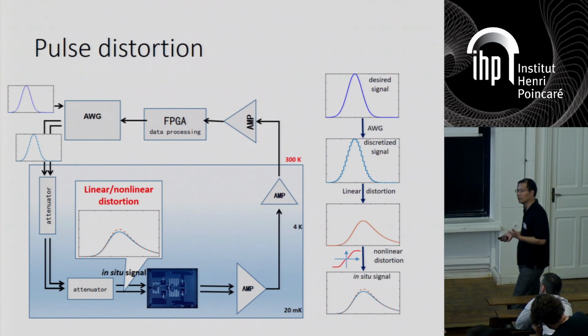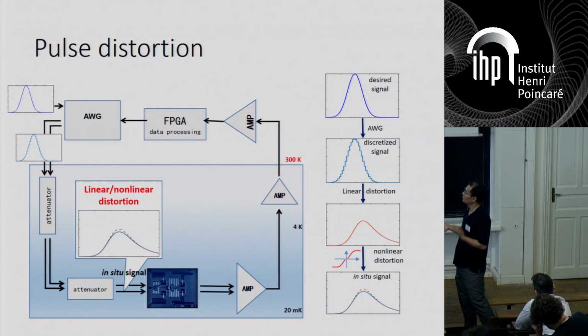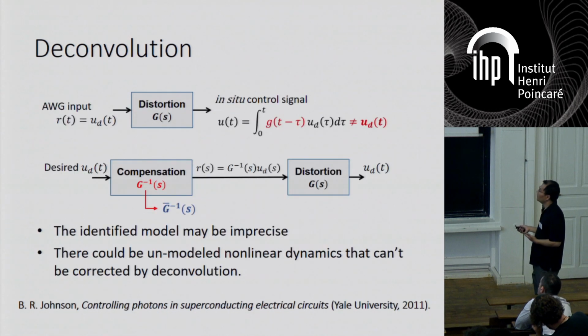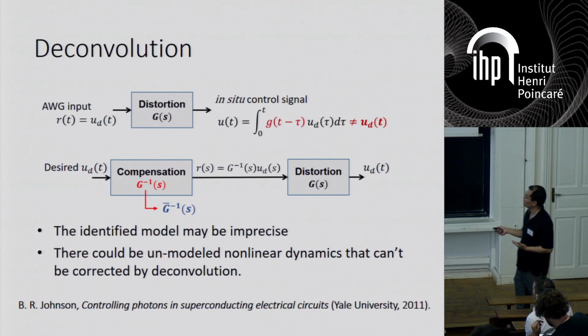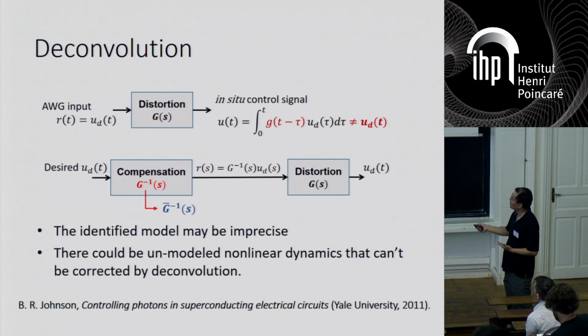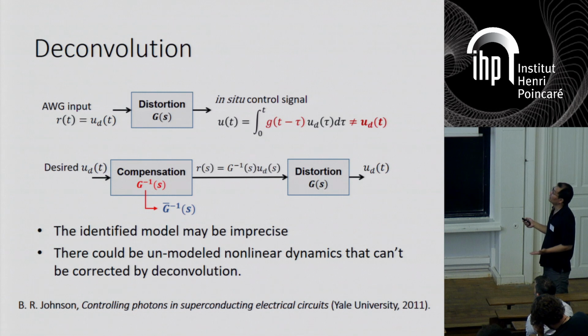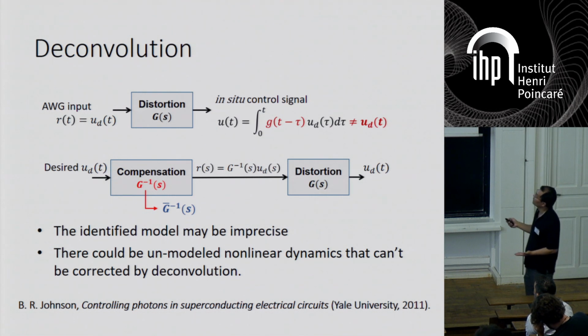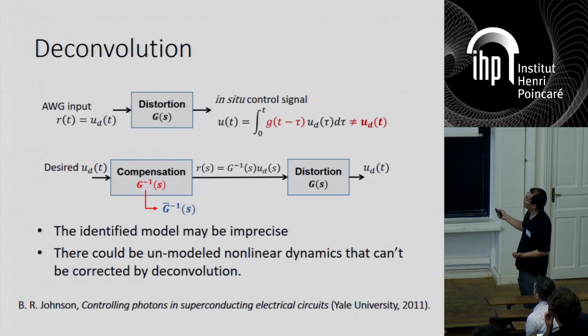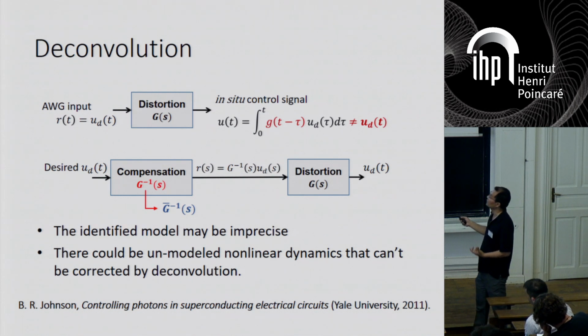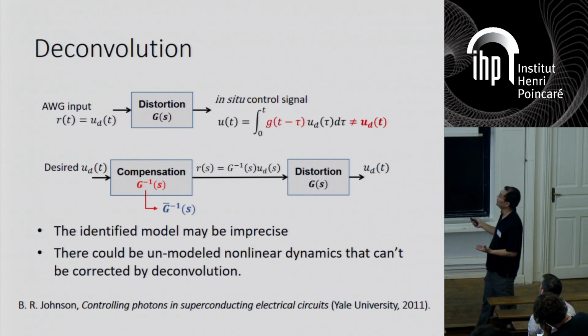So here the iterative learning can be useful. I learned this idea from the Yale group. You can find this deconvolution idea in a PhD thesis. Their idea is very simple. They just use a compensation. Firstly, this is the input of the AWG, and this is the in situ signal. We can build up the model, say the model is represented by a transfer function G(s).